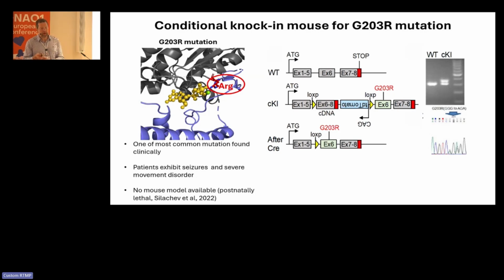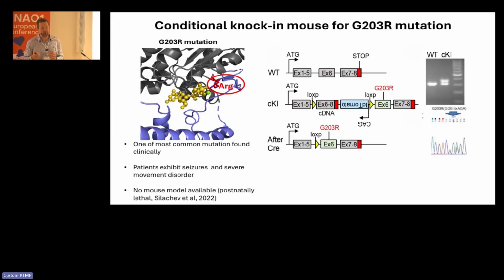So in the absence of the recombinase, it is going to produce a normal copy of GO, because the splicing is going to go to exon 6 and contain the intact sequence from the cDNA. Then, when Cre recombinase is introduced, this cassette is going to be excised, and you are going to reconstitute the normal copy of the gene, but one that contains the G203R pathogenic allele.